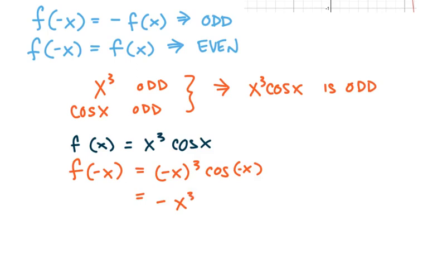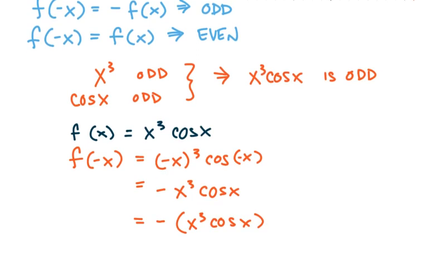A negative times a negative is positive, times a third negative would turn that back negative again. And we know we have an identity, cosine of negative x is equal to cosine x. So factoring a negative out of this, this is negative x cubed cosine x, or rather negative f of x. Therefore, it is an odd function.